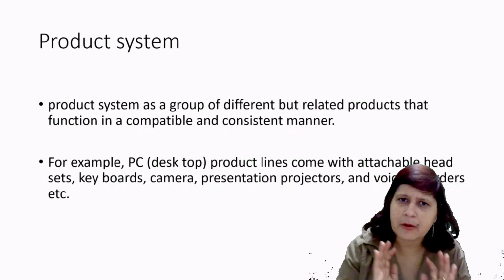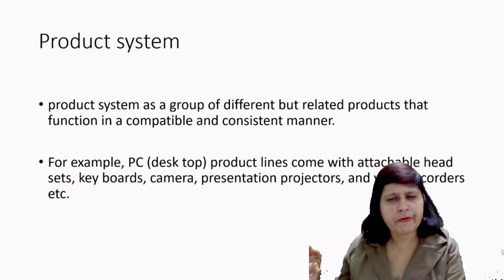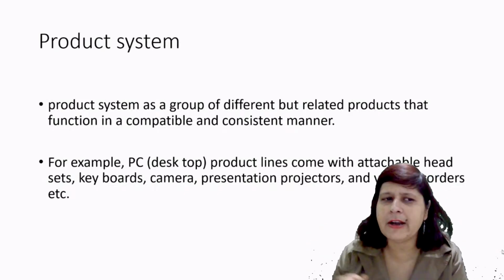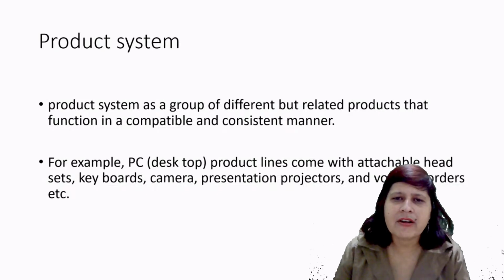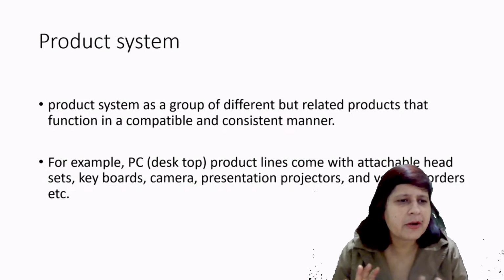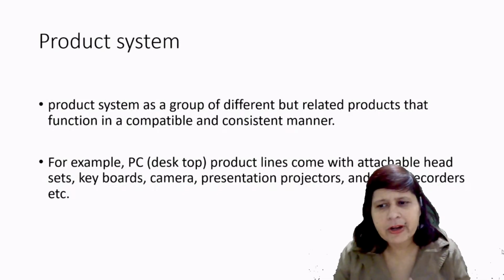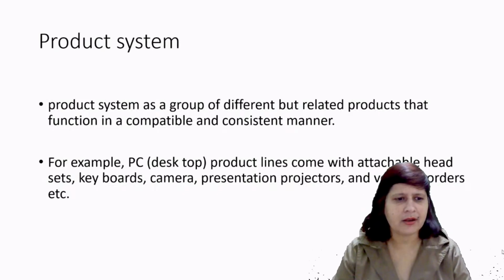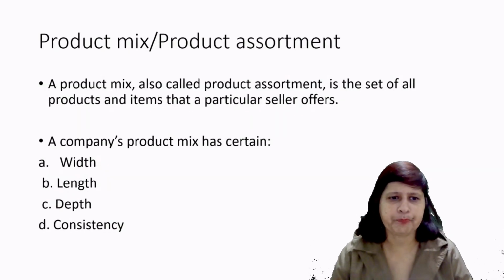Keyboard, a different product but related to the desktop, right? Presentation projector, a different product but related to the desktop or the computer. Voice recorder, different but related. Headset, different but related. So these are known as the product system, which are different but related to each other. They function in a compatible and consistent manner.